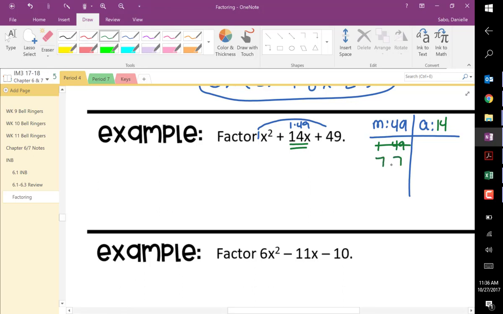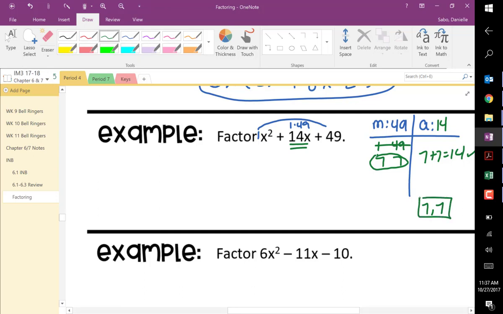Yeah, 7 and 7. Those ones work. Then I'm going to come off to the right side and say, if I add them, I get 14. So I found my numbers. My numbers are 7 and 7. Those are my magic numbers.